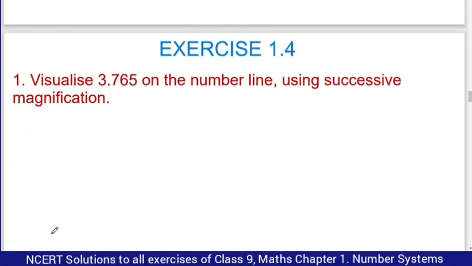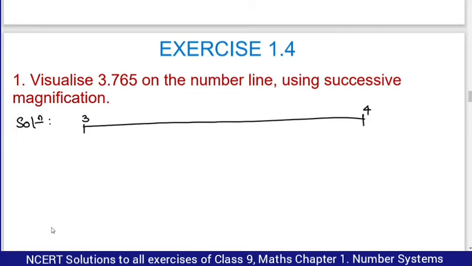Exercise 1.4. First question. Visualize 3.765 on a number line using successive magnification. Solution. So draw a number line representing 3.765. So this 3.7 lies between 3 and 4. So draw a number line as shown.